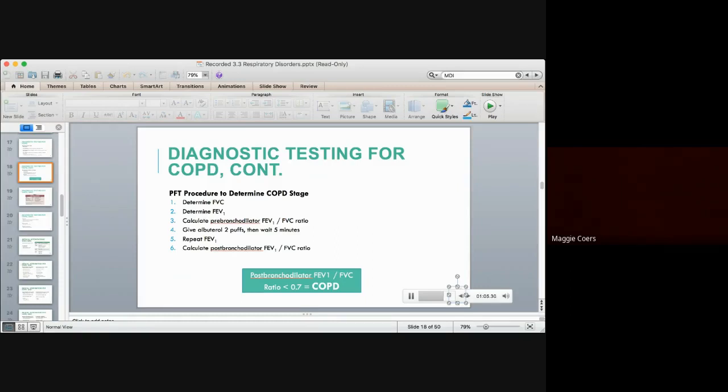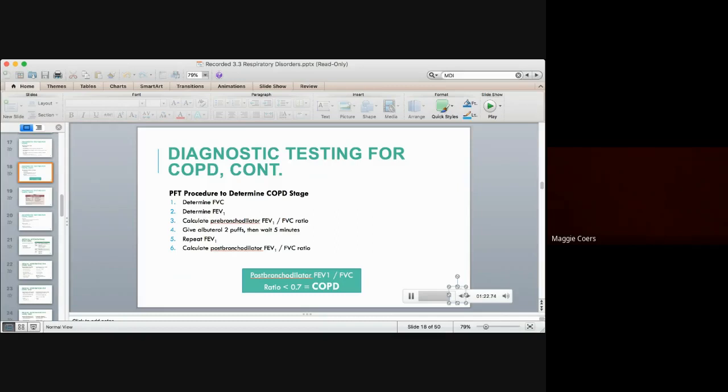So I'm really just giving more explanation of what's here on the slide. And for the determination of the stage of COPD, we have to look at how much FEV1 the older adult has compared to what they should have breathed out.